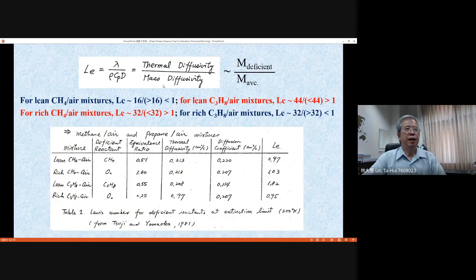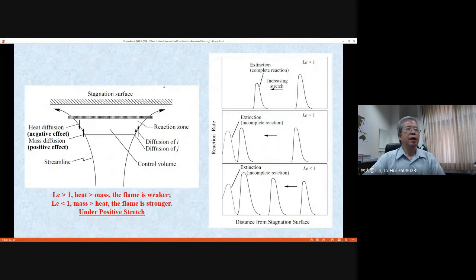Now we look at several experimental observations. The first one, as we're familiar with, is the opposed jet flow or stagnation point flow. Look at the influence coming from the Lewis number here. This is an example of a flat flame propagating in a stagnation point flow.